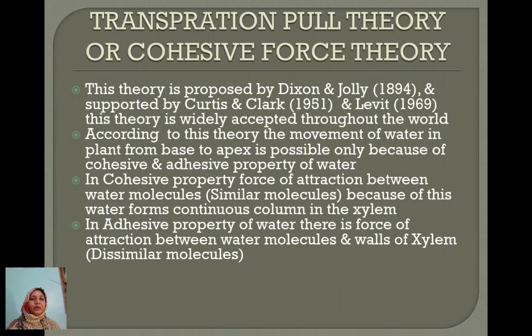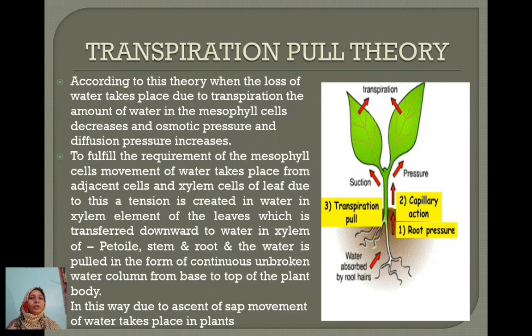In the case of the adhesive property, there is a force of attraction between the water molecules and the walls of the xylem, that is, dissimilar molecules showing their affinity together, which holds the water column tightly and continuously. On this basis, the transpiration pull theory is put forth.